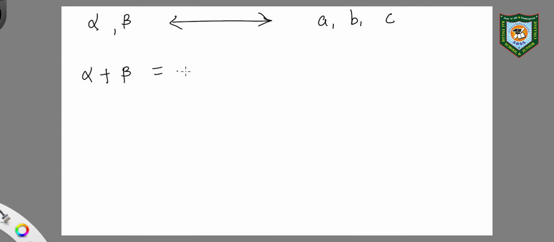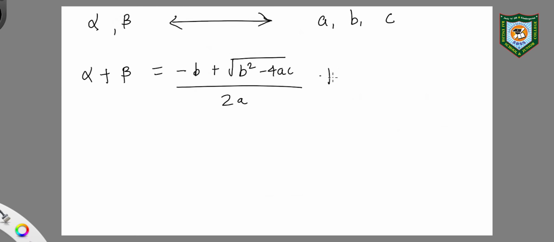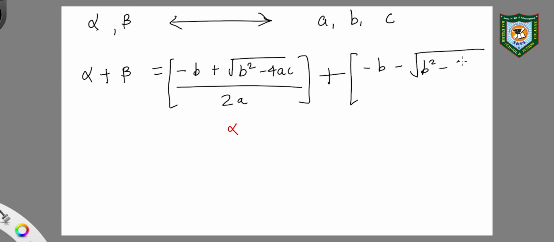So this is minus b plus under root b square minus 4ac divided by 2a, and this is plus sign in the middle. This is my alpha value. And here I have minus b minus under root b square minus 4ac divided by 2a. This is my beta value.